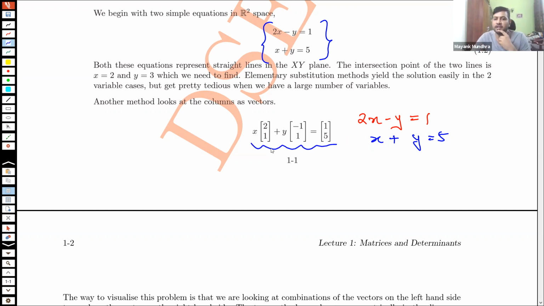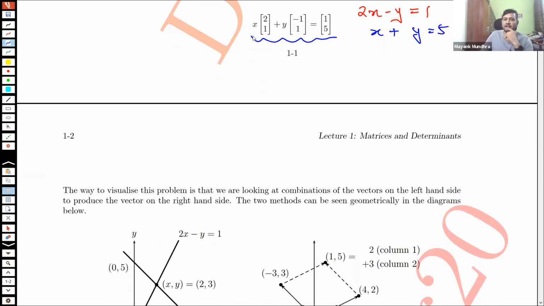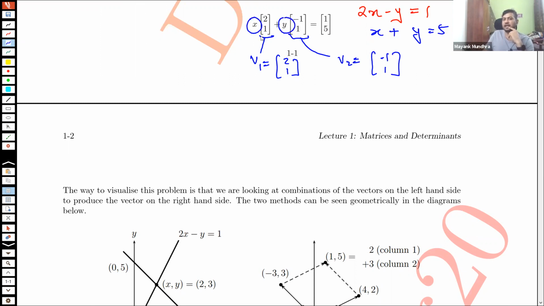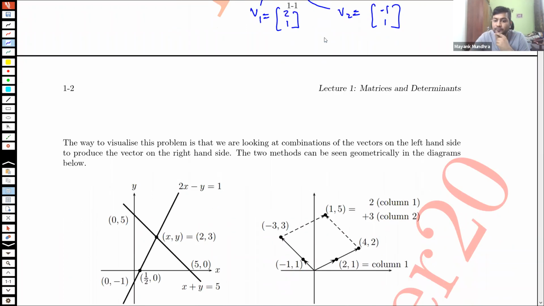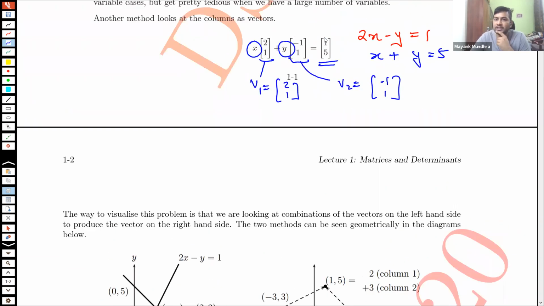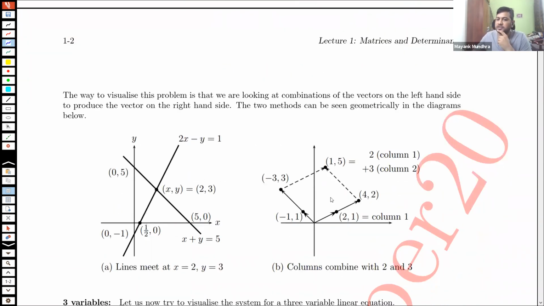The reason I'm writing it like this is I'm saying that this vector v1, which is (2, 1), and this vector v2, which is (-1, 1), and I'm taking some combination, x times v1 plus y times v2. It gives me the point (1, 5). So look at this figure.